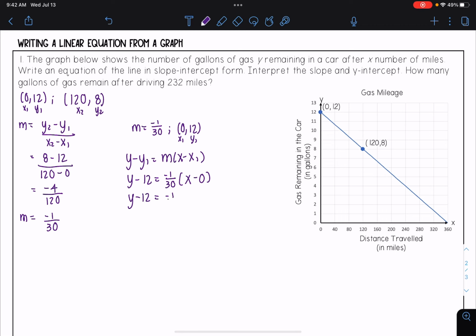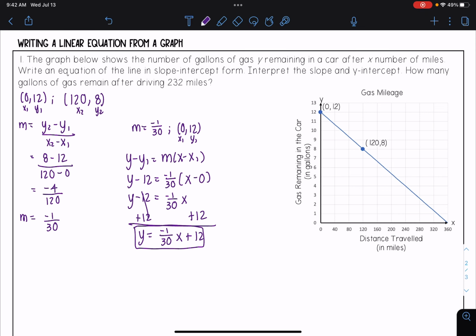And so I have negative 1 over 30 times x. And then adding 12 to both sides, I get that y is equal to negative 1 over 30x plus 12.